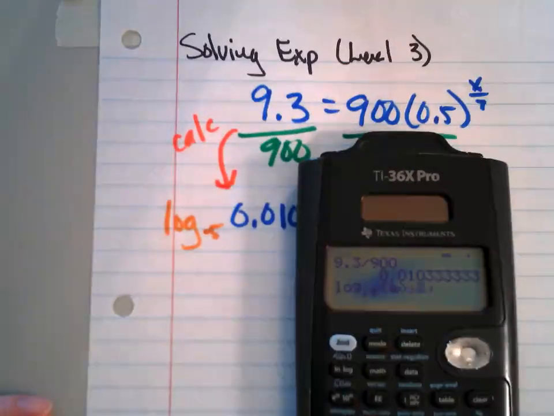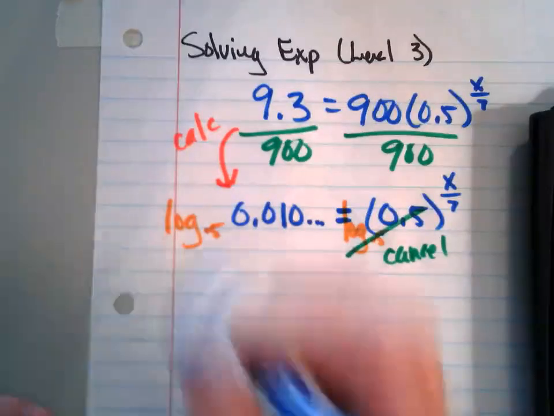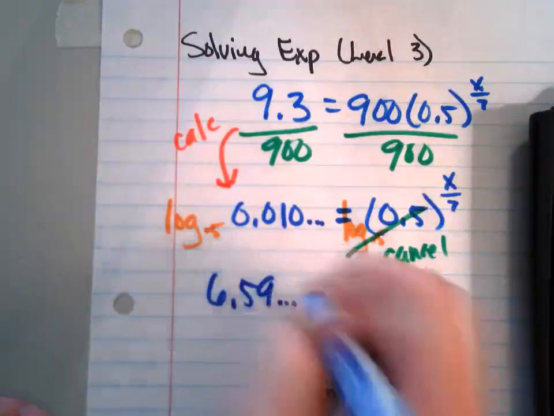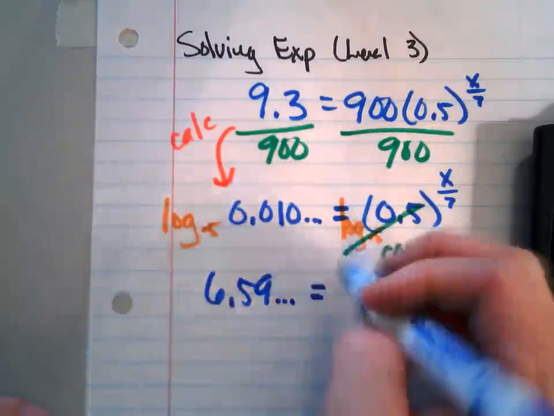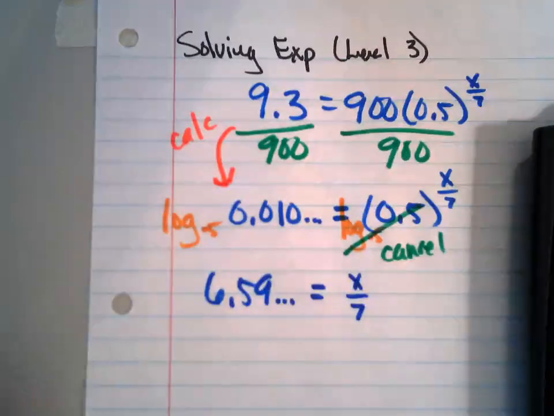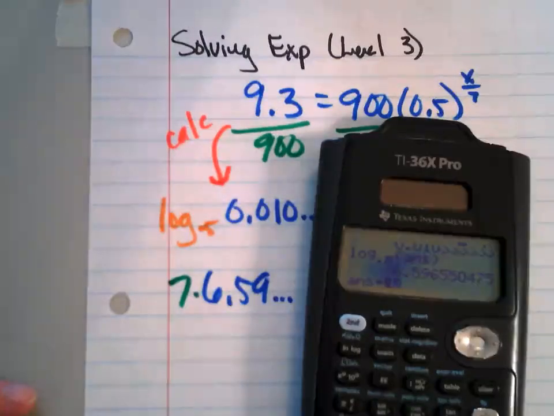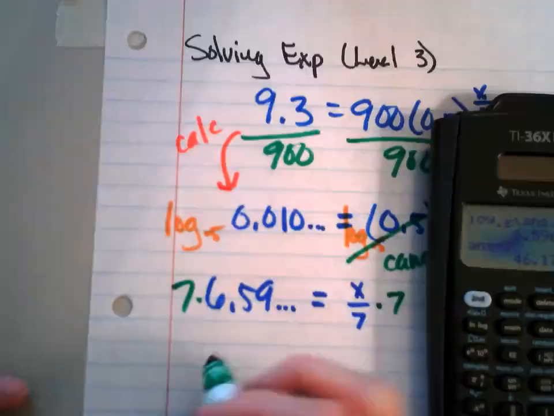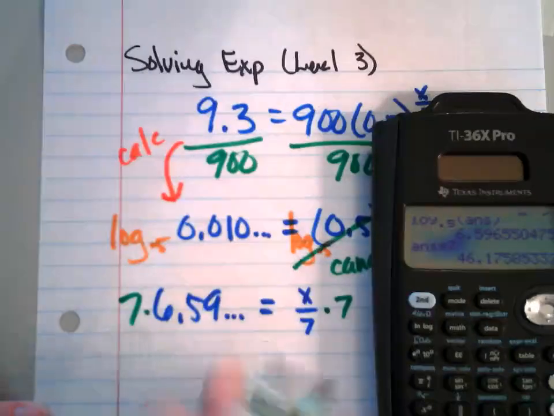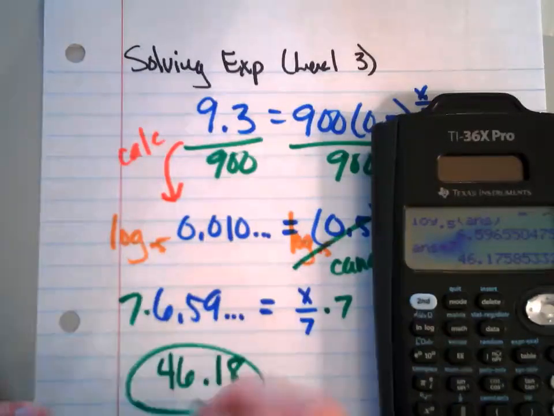So you got 6.59, and there's more there, so don't cut that out in the calculator. Leave that there. And that's x over 7. So we will multiply both sides by 7, and this is going to round to the nearest hundredth as well. So our answer is 46.18.